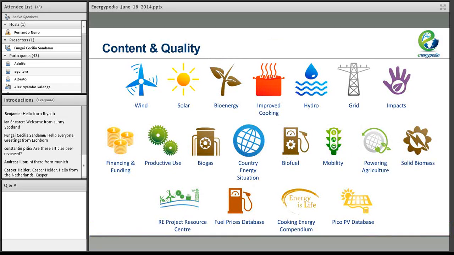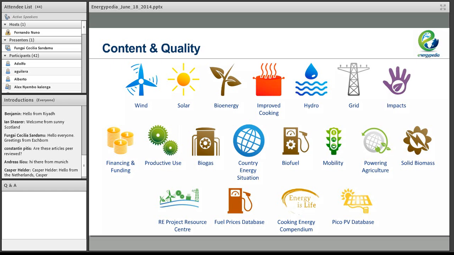Then this is basically an overview of the content that we have on Energypedia. We have portals that are covering information from large hydro to pico PV. Our content is continuously growing and really covers every topic in renewable energy and energy efficiency.